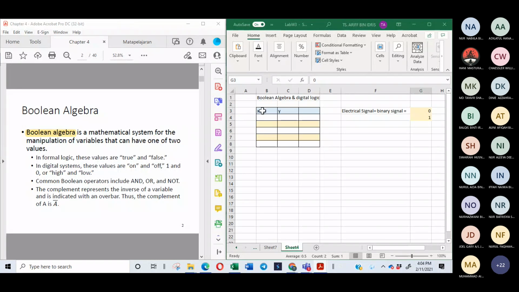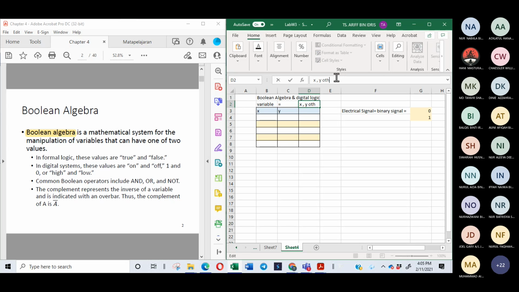As you can see here, we may use several variables to represent electrical signals of 0 or 1. The example of variables here is either x or y, and others.